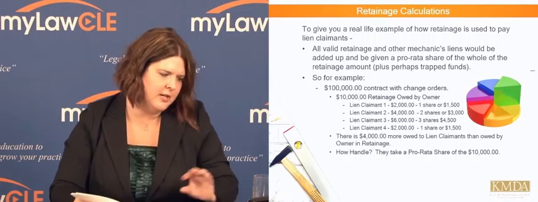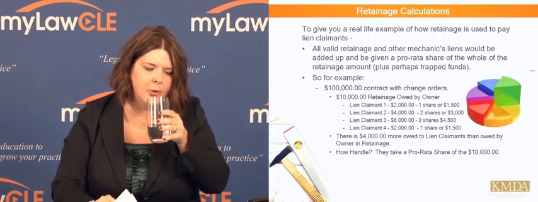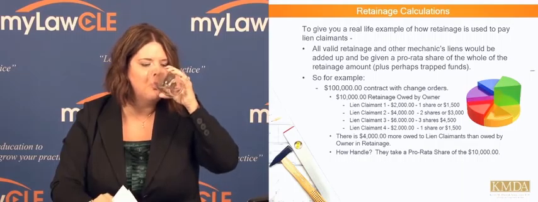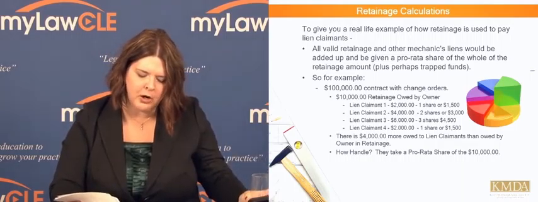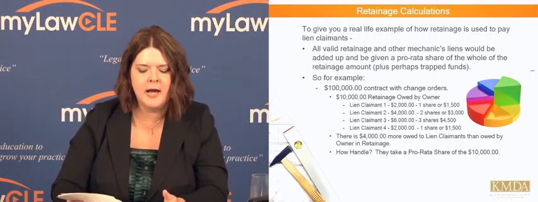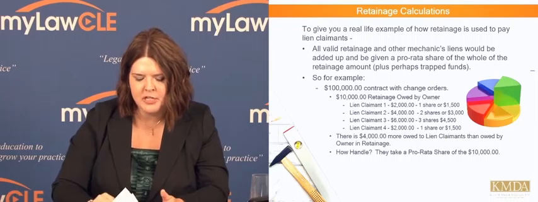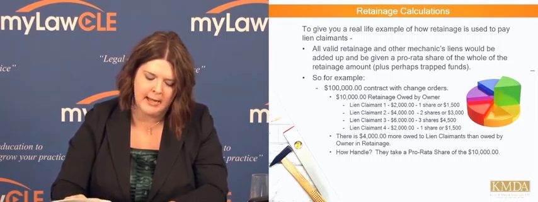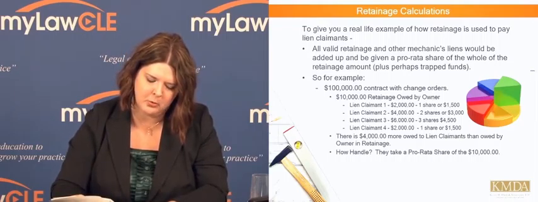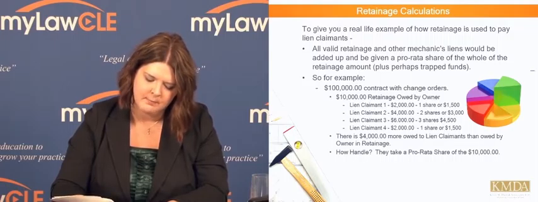So what California does is, if they get notice that there's a problem, they can withhold the entire disputed amount and actually withhold 50% more. And they have 45 days from the date of completion to figure out who it goes to.